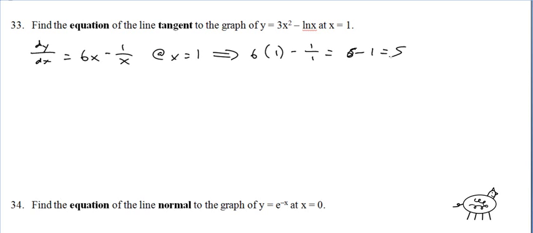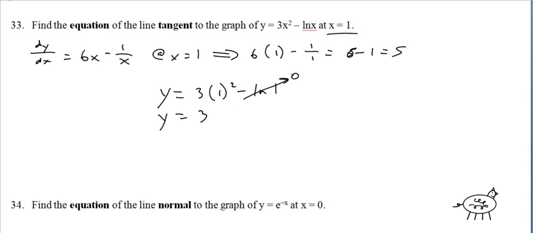So then let's get our equation. We need a y value for x equals 1, so we plug it into the original equation. So y is equal to 3 times 1 squared minus ln of 1. That gives us 3, and the natural log of 1 is actually 0.